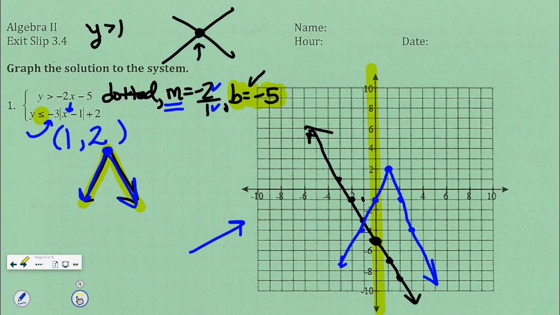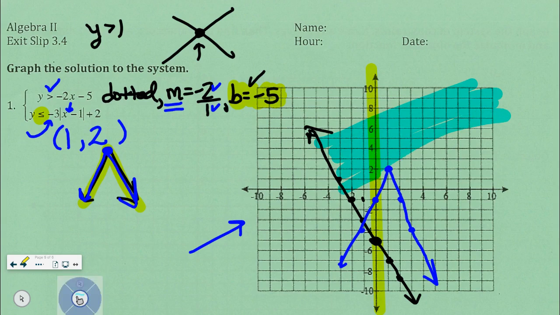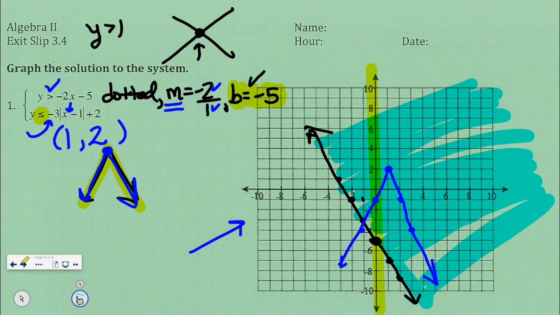I need to be greater than or above that first line. So I'm going to go take my blue and shade above that black line. So over here are all the solutions to the top linear inequality. Anything above the line.